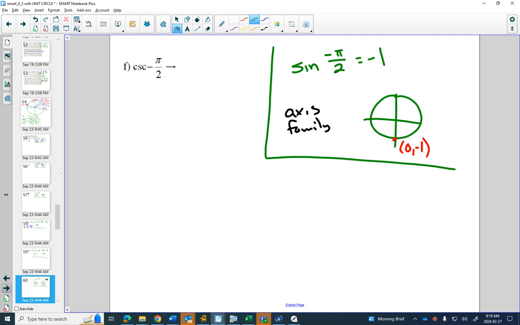And so that means, I'll write it out like this, that cosecant would be 1 over negative 1, which of course is still just negative 1. But I just showed the reciprocal idea to show that I was thinking about that. That every time I have cosecant, I do the reciprocal of sine.